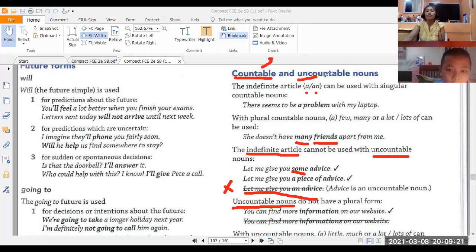In uncountable nouns, do not put S. No S here. Look at this one: you can find more information on our website. That's correct. Look at information, no S. You can find more information. Okay, so more information.